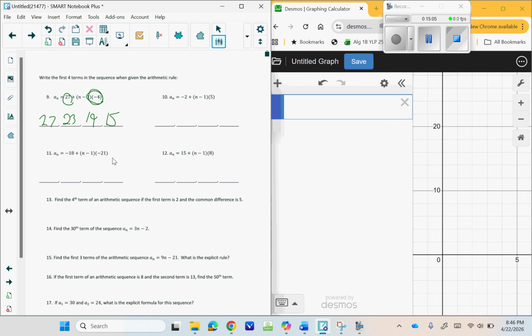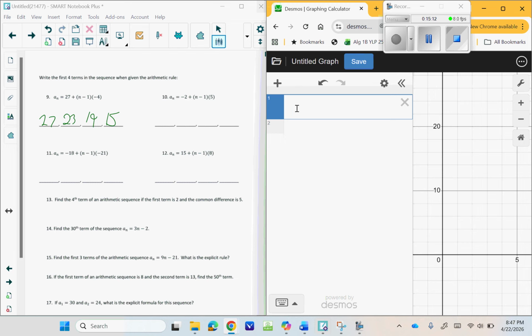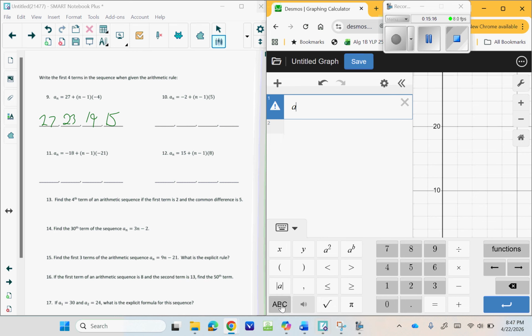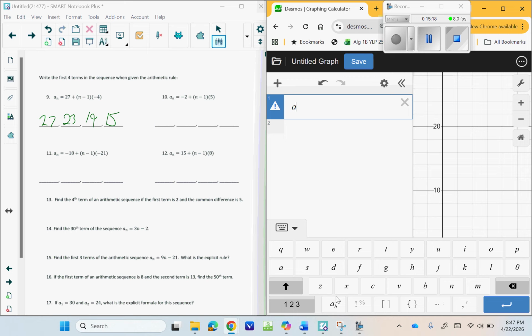But if you want to plug in the formula into Desmos, you can also do that. So let me show you. So if you go A and then you go to the ABC, and right here, this is that subscript where you could put A sub n and then equals 27 plus, and it actually lets you use n minus 1 since it's talking about a sequence.